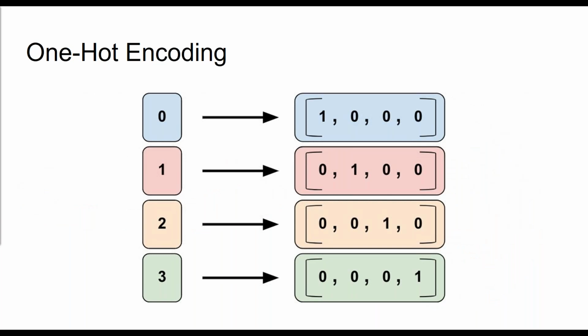Also, most ML algorithms don't support working with string values, with categorical features. And of course, we are trying to solve these problems, and Ignite currently supports one-hot encoding and string indexing with a few different strategies. One-hot encoding is a representation of categorical variables as binary vectors.